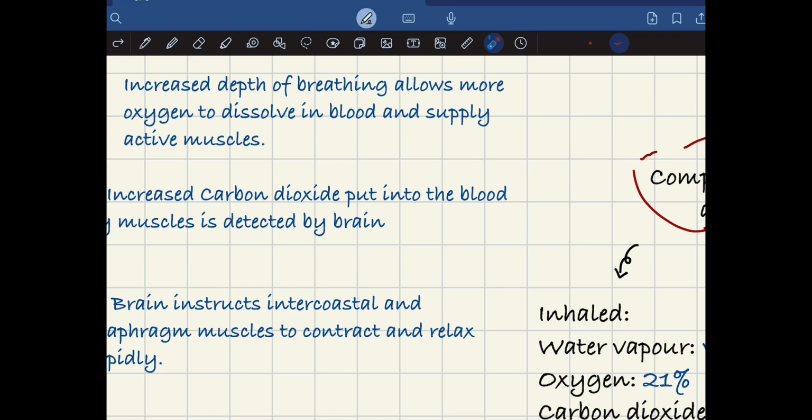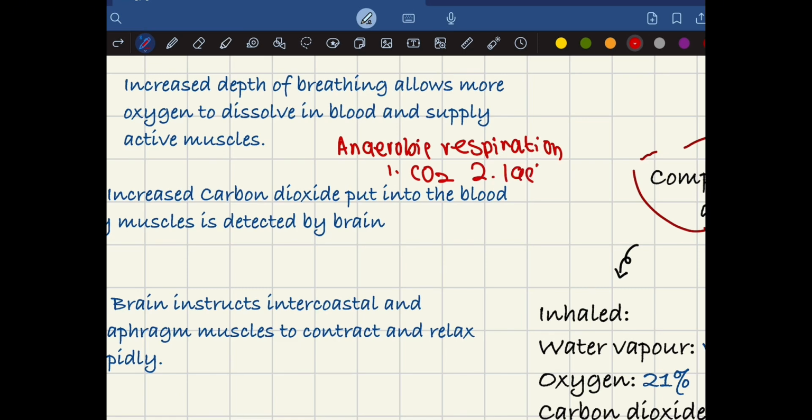If you lack oxygen, you will get an oxygen debt, which will make our muscles respire anaerobically. When that happens, in anaerobic respiration, our body will release two chemicals. The first is carbon dioxide, and the second is lactic acid.